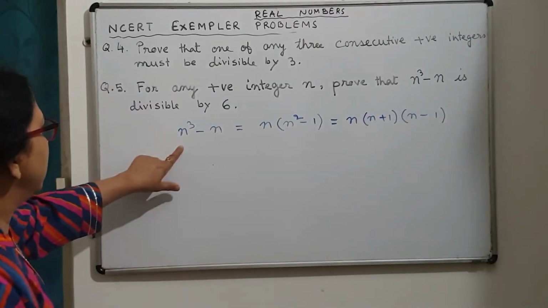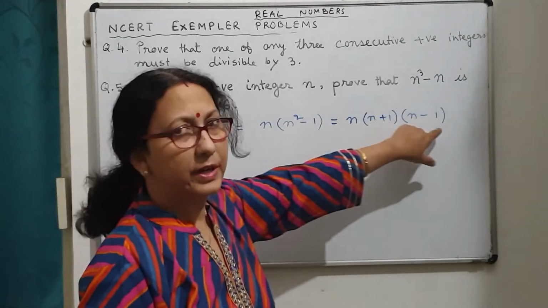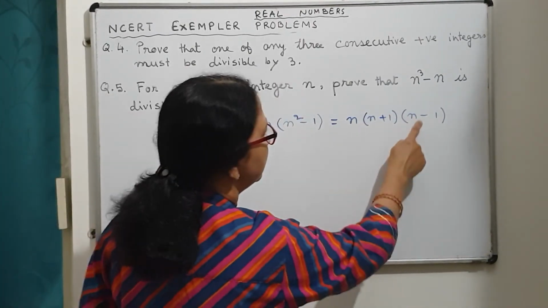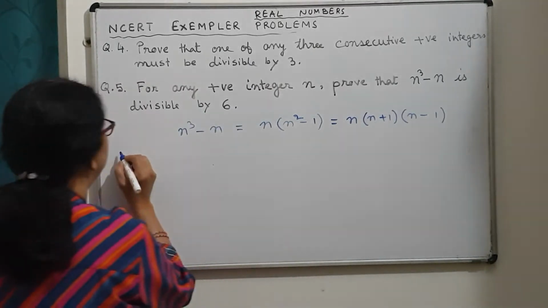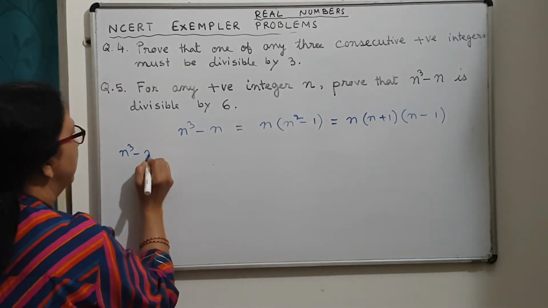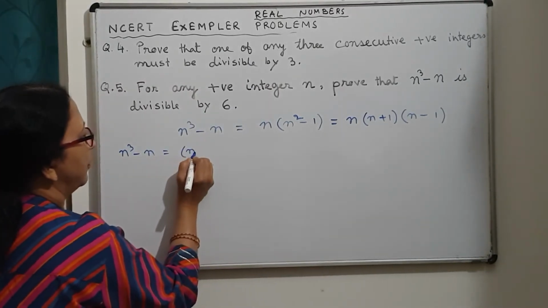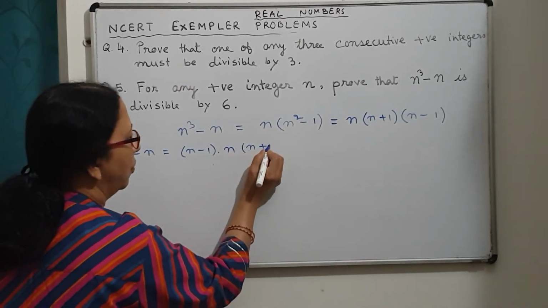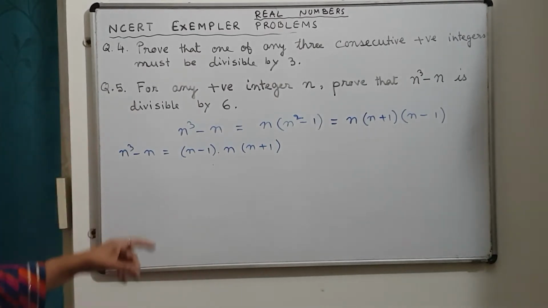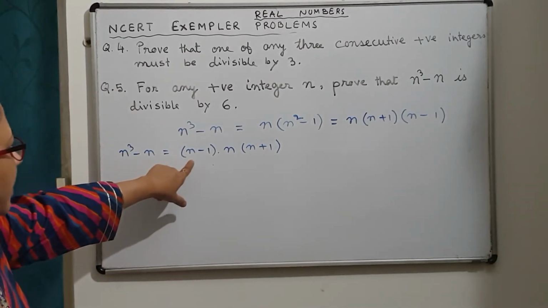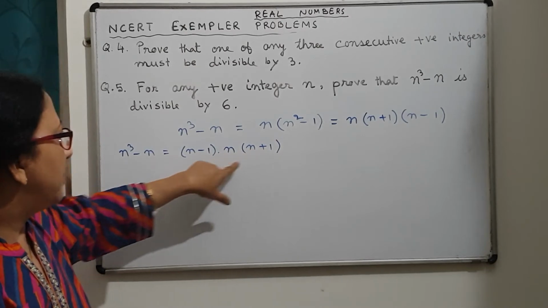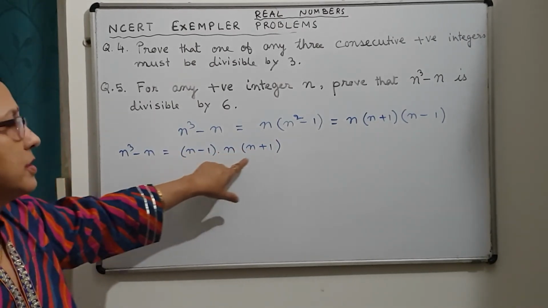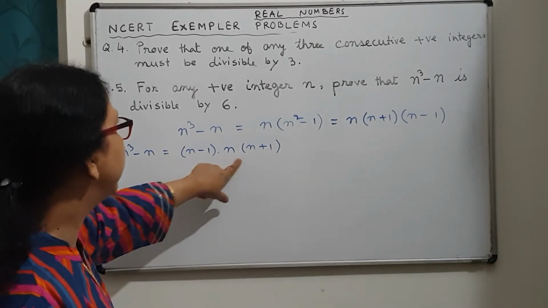So this is factorized into 3 factors, or I can rearrange them, writing the smallest factor first: n cube minus n is equal to n minus 1, into n, into n plus 1. Again you see, this is expressed as the product of 3 consecutive numbers. n minus 1, n and n plus 1 are 3 consecutive integers.